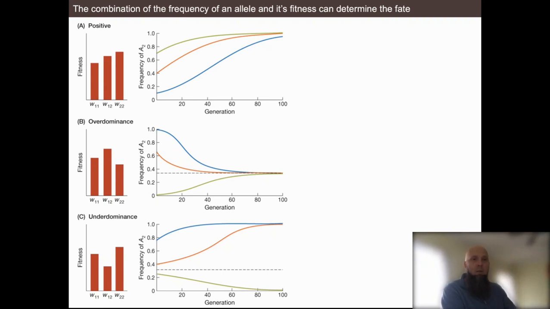It's fixed. The whole population is going to be homozygous for A1. Okay? Now, if the A2 allele frequency starts at 0.4 or 0.8, of course, you can see that the population rapidly increases to a high frequency of A2, becoming fixed for that allele.